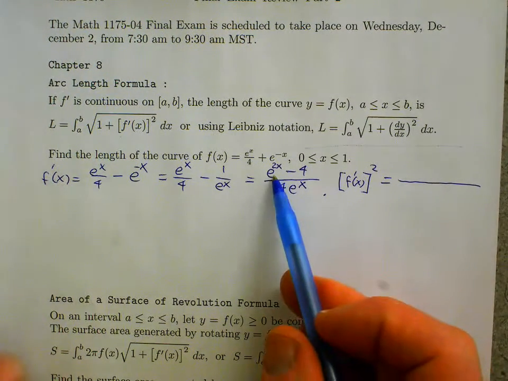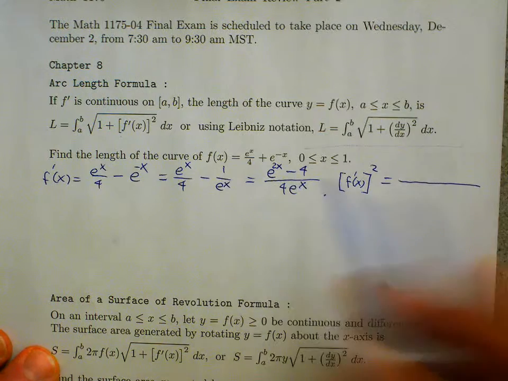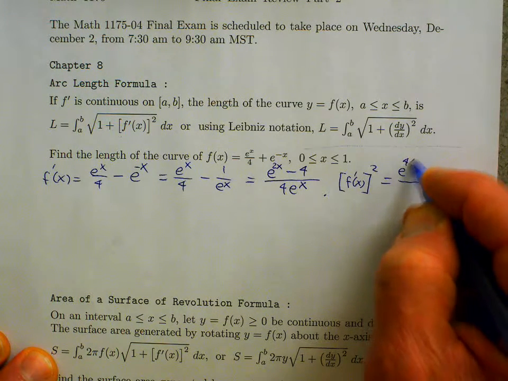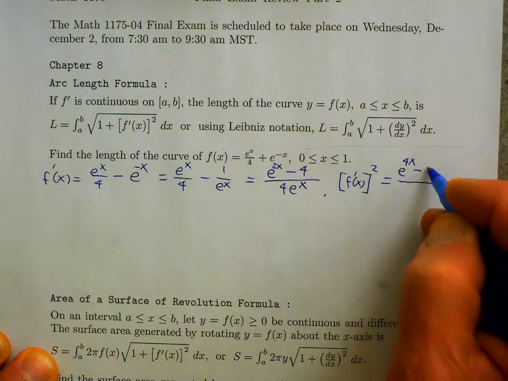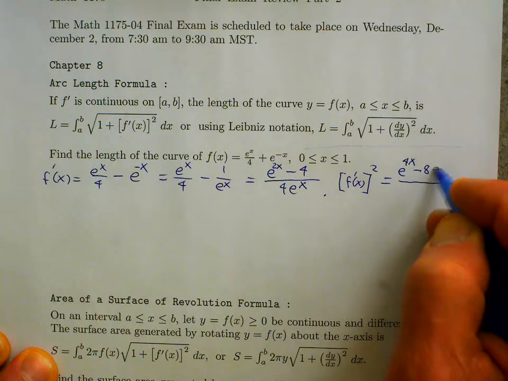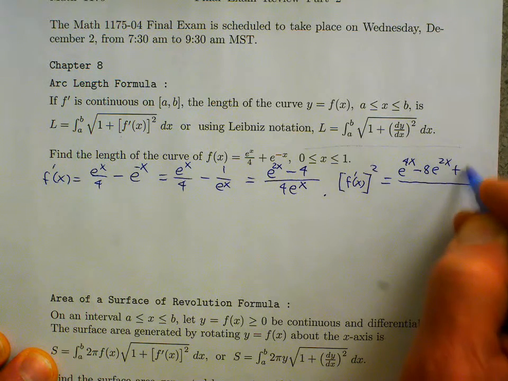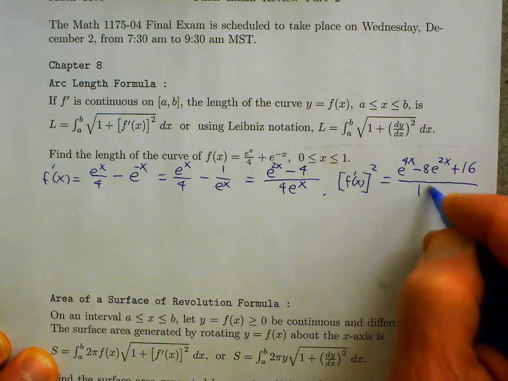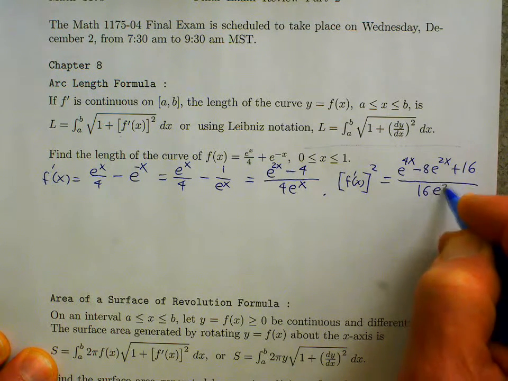So when we square the numerator, e to the 2x minus 4, we're going to get e to the 4x minus 8 times e to the 2x plus 16. And the denominator is 16 times e to the 2x.